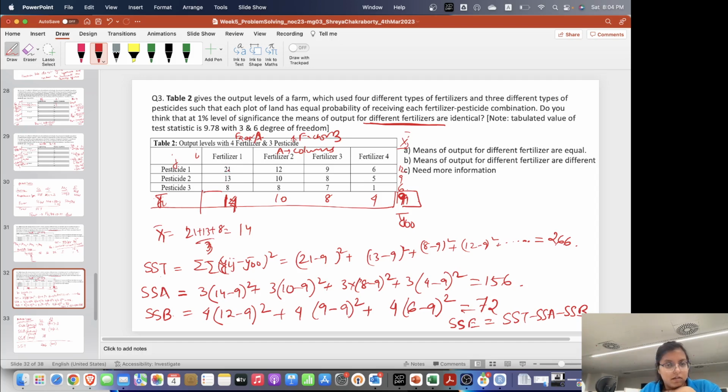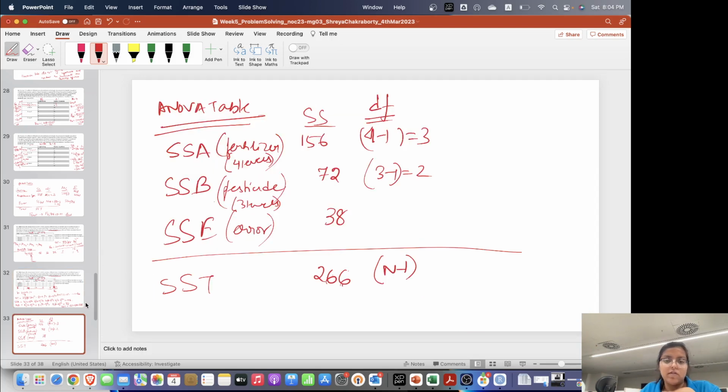So, total number of observations is 1, 2, 3, 4, 5, 6, 7, 8, 9, 10, 11, 12. So, we have only 12 observations. So, N is 12, then N minus 1 will be 11, the degrees of freedom. And then this would be 11 minus 5, this is 6. Or alternatively, this will be 4 minus 1 into 3 minus 1, A minus 1 into B minus 1, same thing.